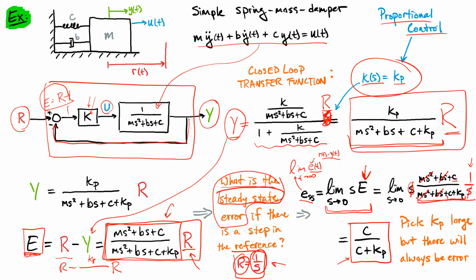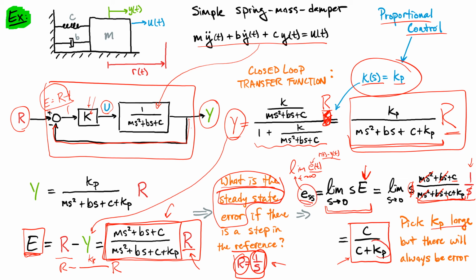So that means that the response due to a step function for this closed loop system will never actually reach 1, but we can make it get really, really close if we make kp super large. And so the way that we would do that is we want to make this steady state error as close to 0 as possible.